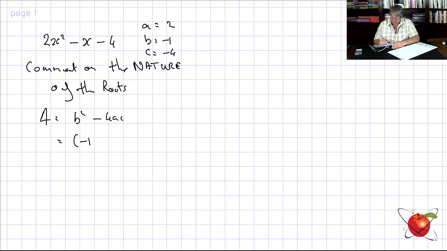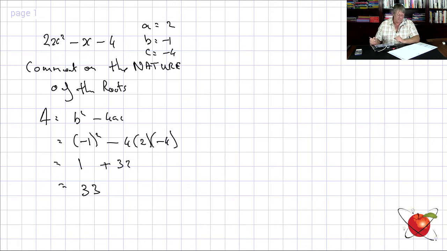B squared is minus 1 squared, I put it in brackets, please do that. Minus 4 times a, 2, times c, minus 4. So I get a delta here of minus 1 squared is 1. Minus minus is a plus, and it's going to be 16 times 2, 32, which is equal to 33.